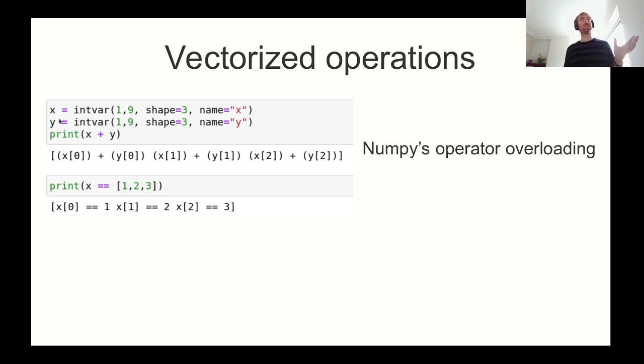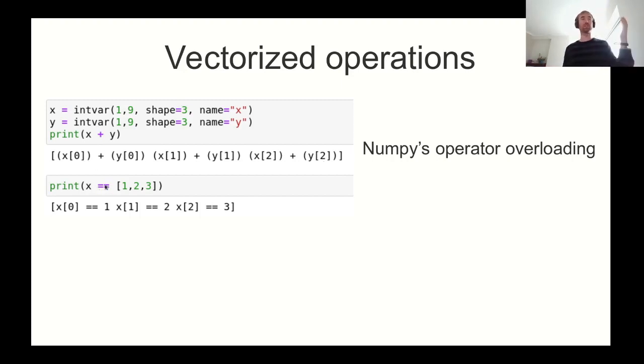For example, if we have two arrays of integer decision variables and they have the same shape, namely 3, and we want to do a pairwise addition of each of the elements, then we can just write x plus y, and this will automatically see they have the same shape, so we create a new array, again of the same shape, with the pairwise additions in it. So this vectorized operation is automatically translated into the pairwise decomposition.